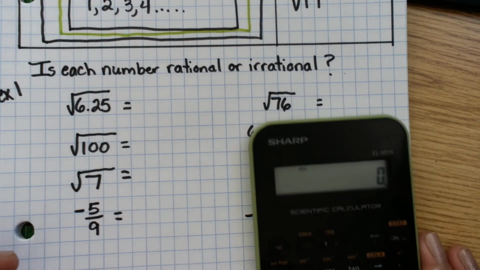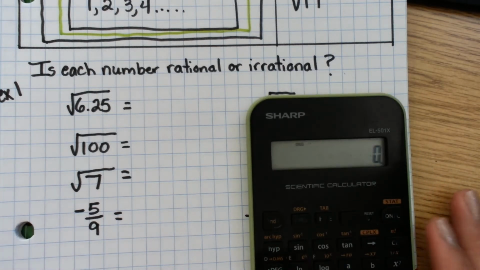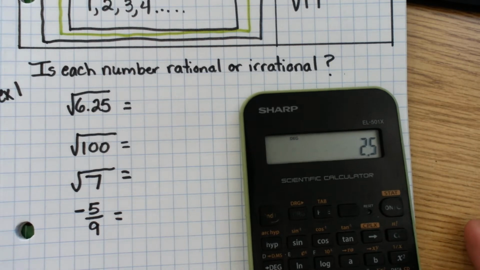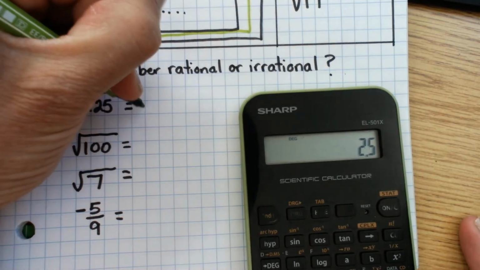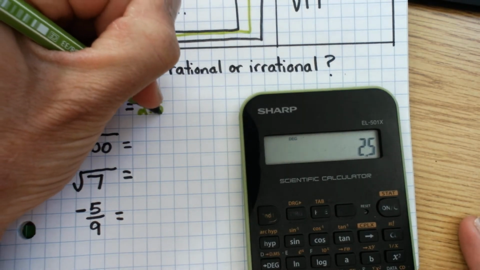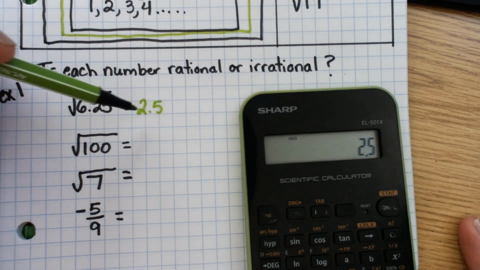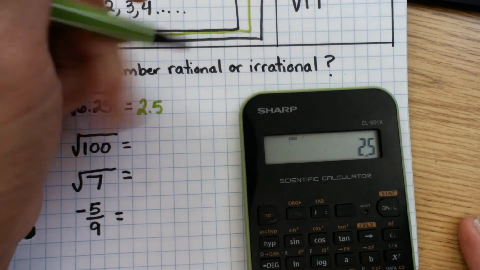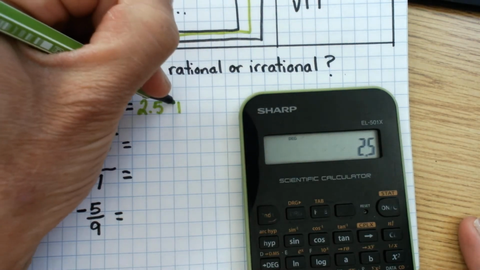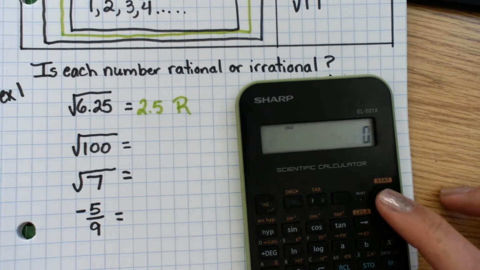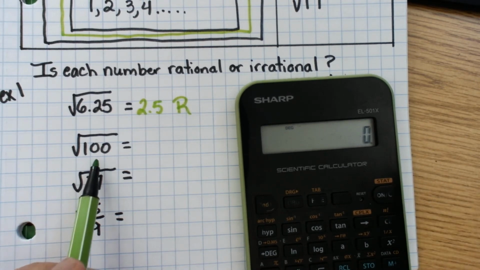I'm going to grab my calculator and enter 6.25 and then find the square root, and it looks like it is 2.5. That is a decimal that terminates or ends, which means our answer is a rational number. Next one, square root of 100.